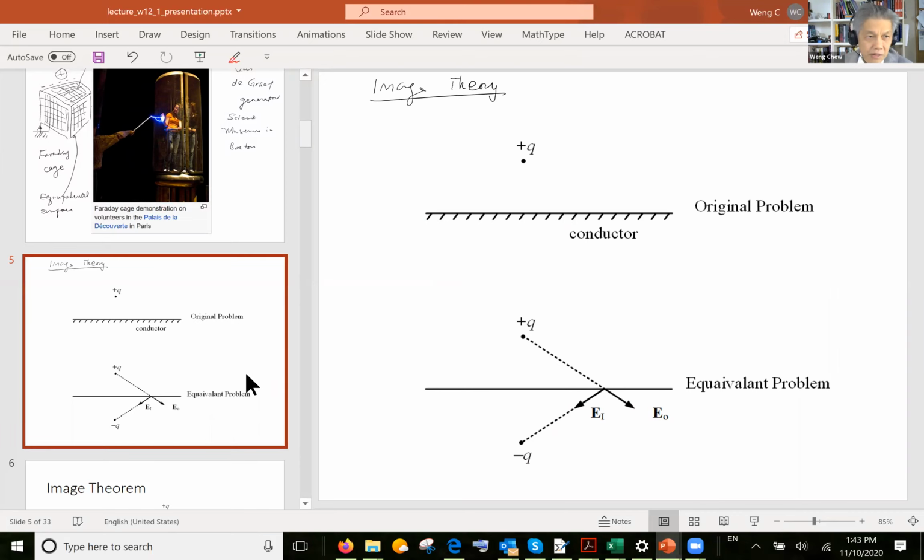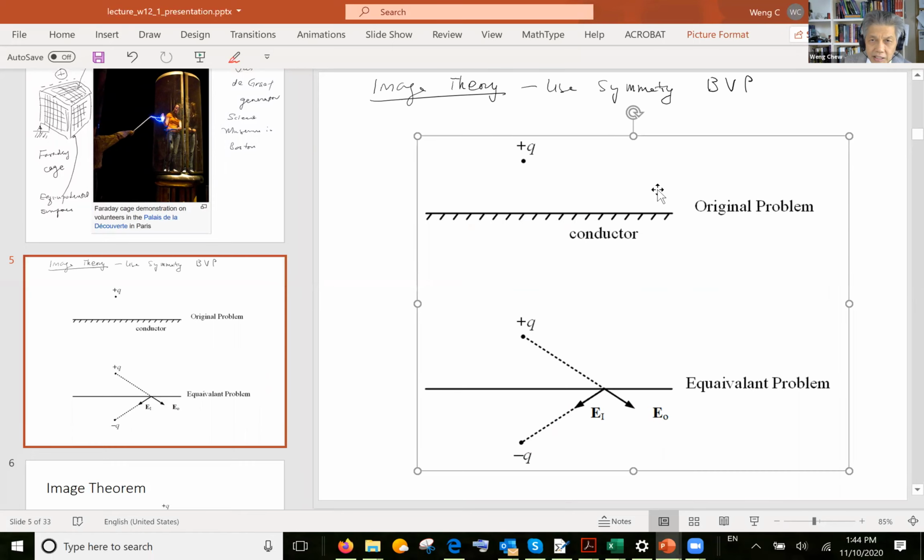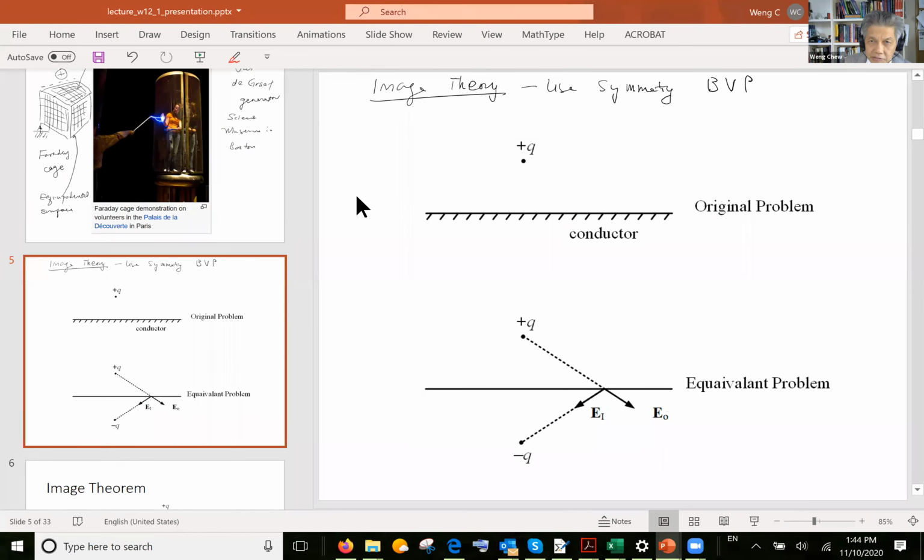Okay, image theory uses symmetry to help us solve boundary value problems. Here's a very good example: if I have a positive charge placed near a conductor, the conductor does not have to be a perfect conductor, but you know what is going to happen.